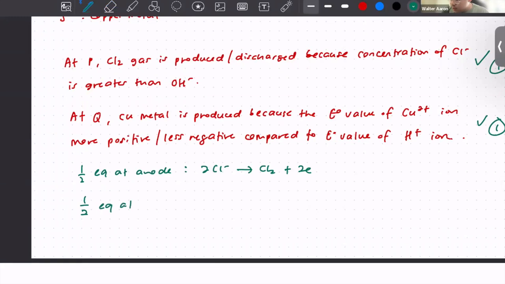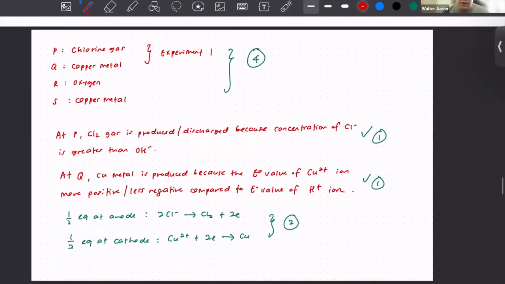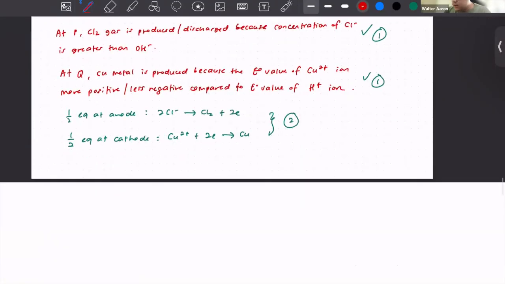And then the half equation at the cathode will be Cu2 plus plus 2e minus, you get Cu. So if you get both half equations correctly, you should be able to get 2 marks in total. So that is basically all for this particular question, okay? I think it's pretty easy, to be honest. All right, so let's go to the next part.